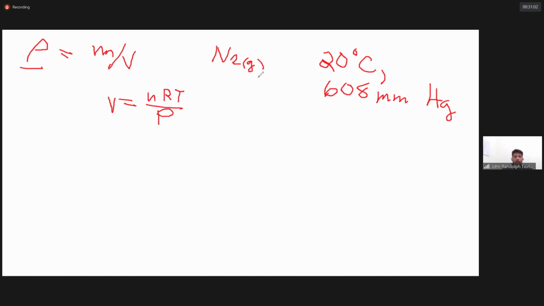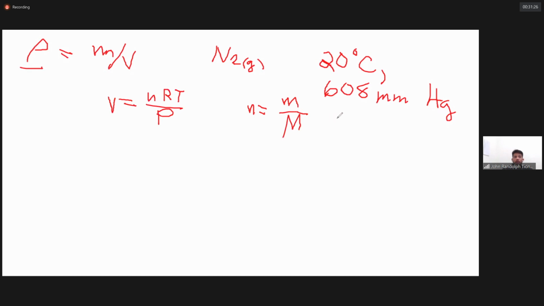Gamitin po yung n. Yep, gagamitin natin yung n. Now, what about n? What information do we need from nitrogen gas? Kunin po yung molar mass. Okay, correct. So therefore, remember, n equals mass over molar mass.